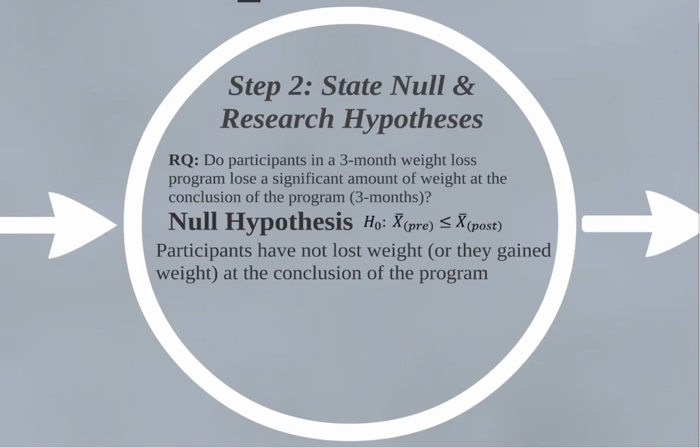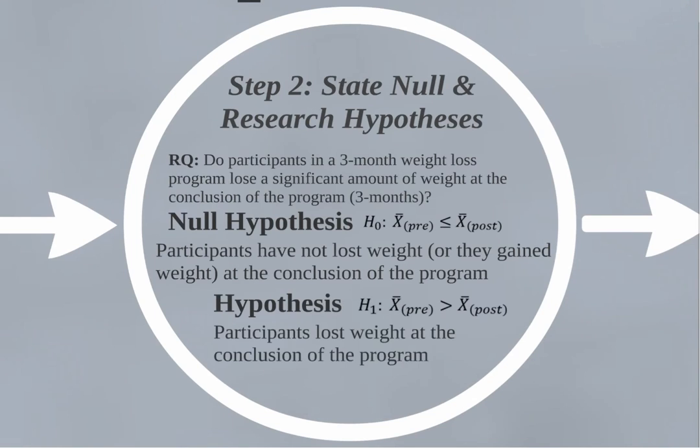We want the post-measurement to actually be less than the pre-measurement, so the null hypothesis is the opposite of that. The research hypothesis, on the other hand, states that participants lost weight at the conclusion of the program. So we should see here that post-weights should be less than pre-weights, and that's what our notation shows in our hypothesis. And again, remember H sub 1 is our research hypothesis symbol.